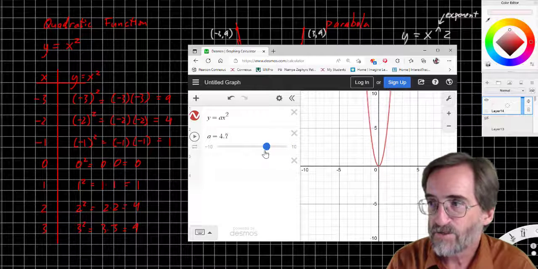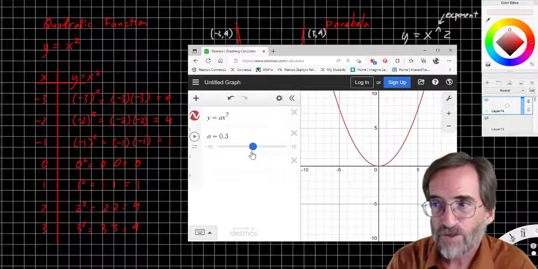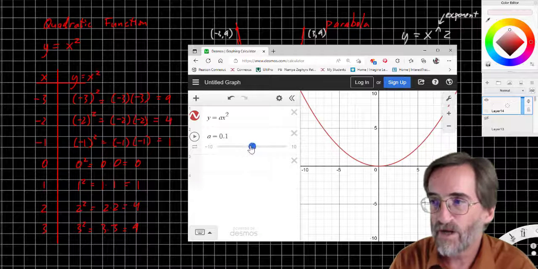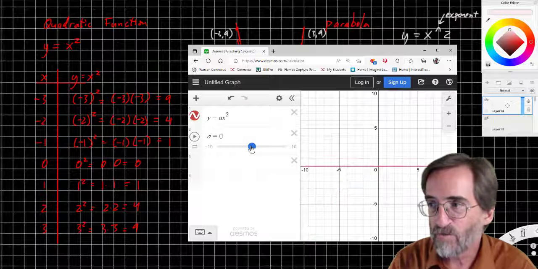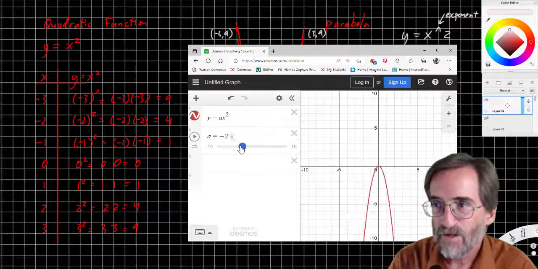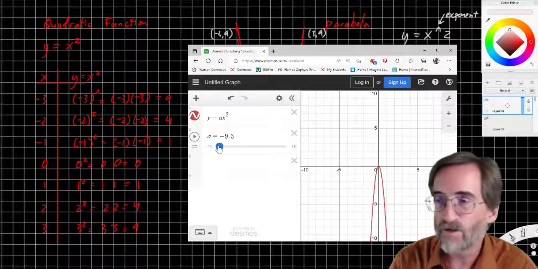Okay, as it goes down, it gets wider and wider because it's getting shorter and shorter, 0.3, right, 0.1. 0.1 means everything is 1/10 as high. Okay, when it's 0, we get a flat line, and when it's negative, it goes upside down. And the further we go negative, the skinnier it gets because the taller it gets.